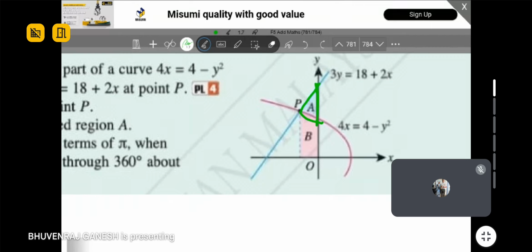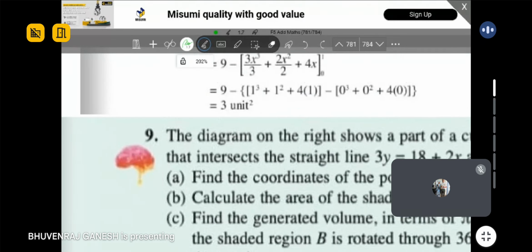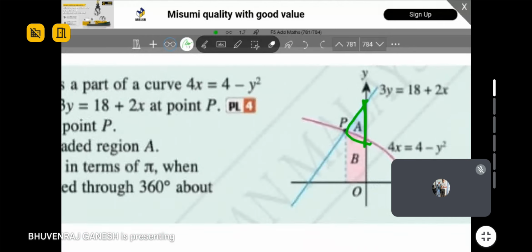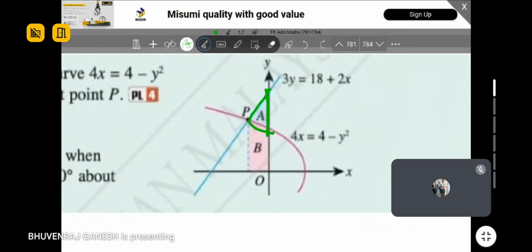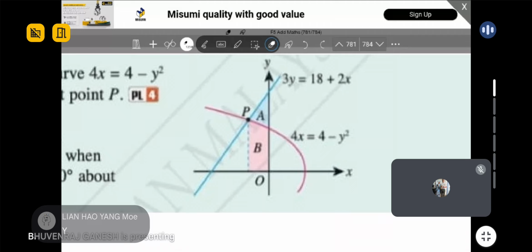Anyone? X or Y? Think and see. Which one will be easier for this question? Yes. Okay, why lebih senang, guys? Why is it easier to do?